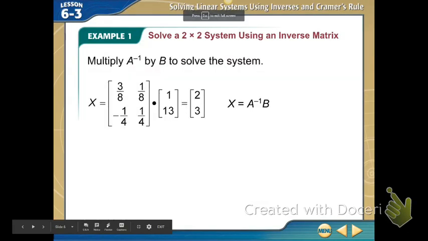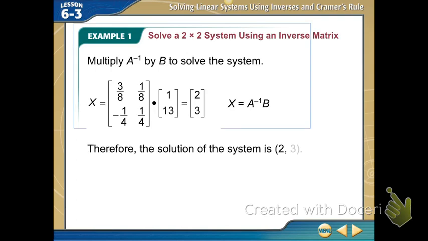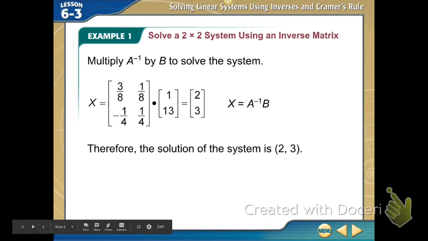Okay, so now we've got our matrix system, right? And we're multiplying both sides of the equation by the inverse matrix. And when we do that, on the right-hand side, it just cancels and leaves us with x, right? So that's why it's not showing that.